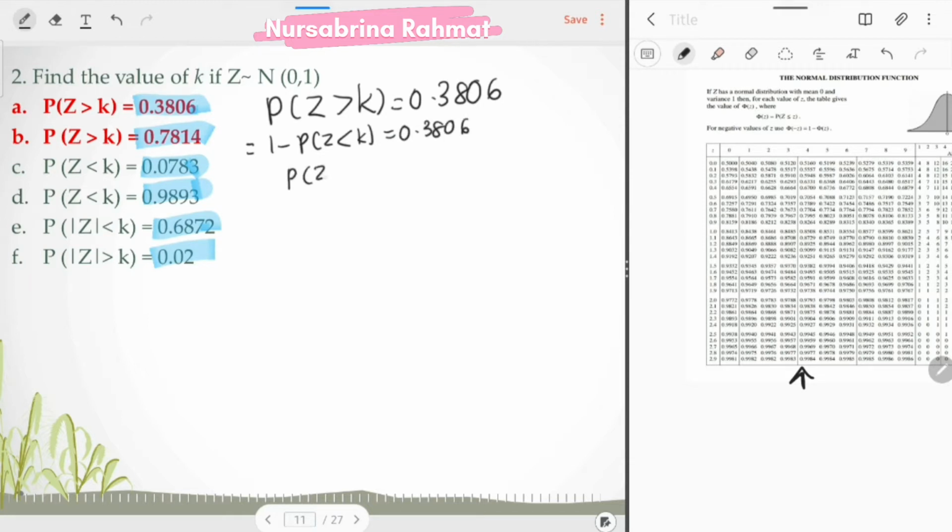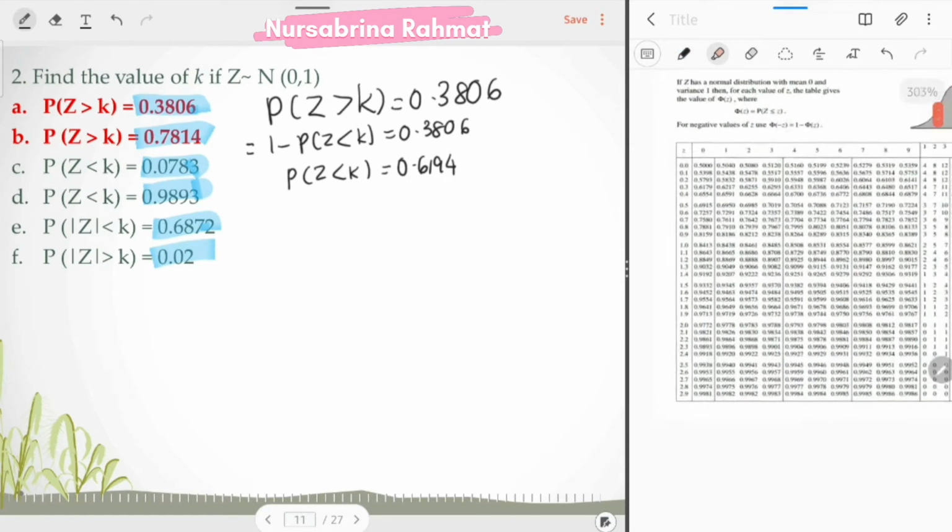So P(z < k) is equal to 1 minus 0.3806. Press your calculator and find out what your k value is, which is 0.6194. So from this given probability, you need to find your k value.